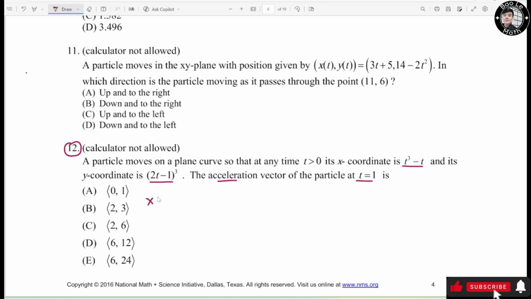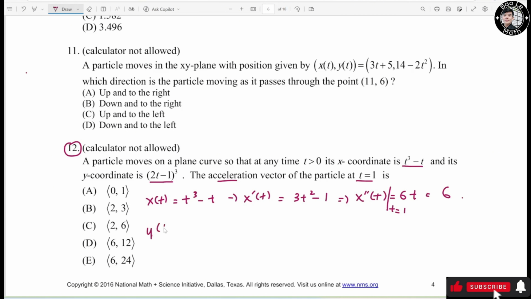So we have s of t equals t cubed minus t, right? And then s prime of t equals 3t squared minus 1, right? So s double prime of t equals 6t, right? And then you need to evaluate this one at t equals 1, right? So it could be 6.